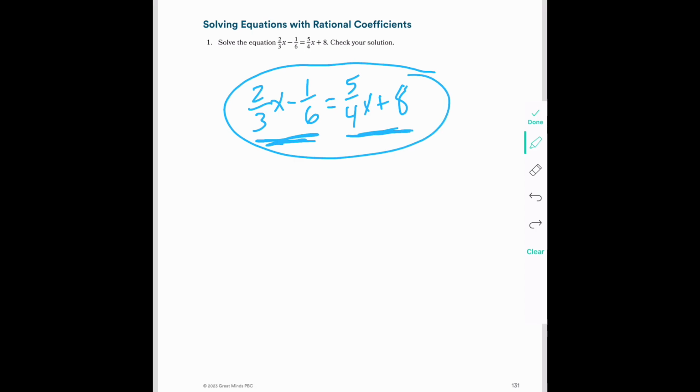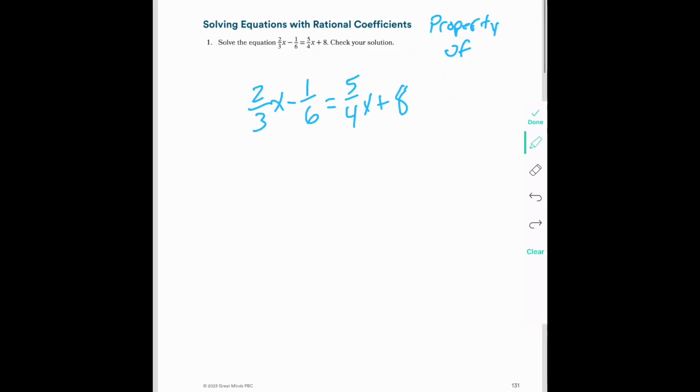If I take the linear equation that we're working with, because remember, this is a linear expression, this is a linear expression, the whole thing is a linear equation.